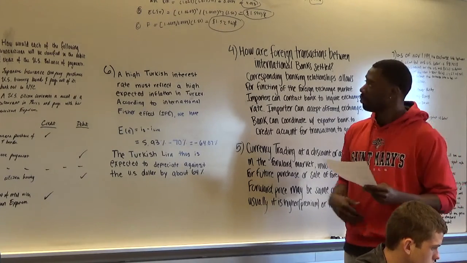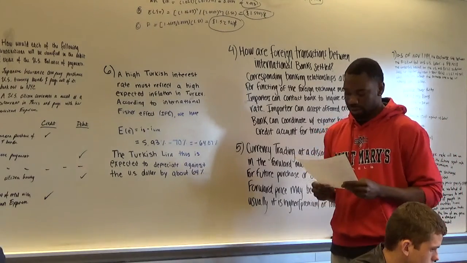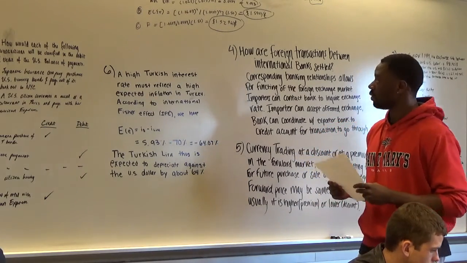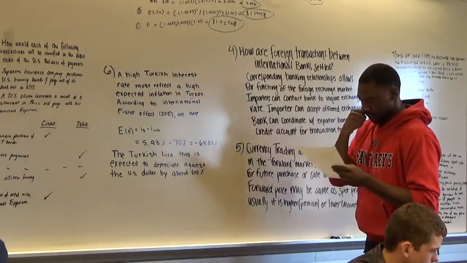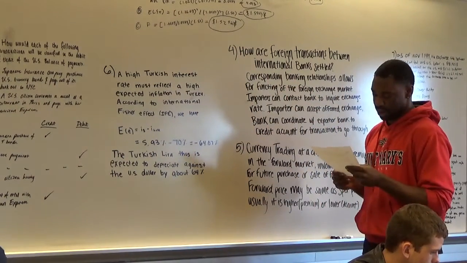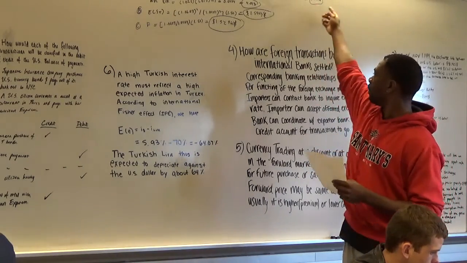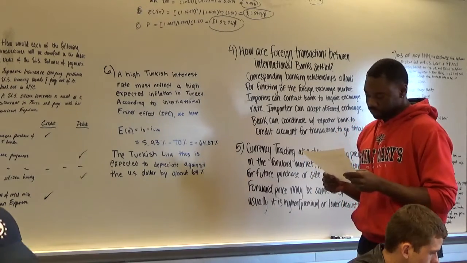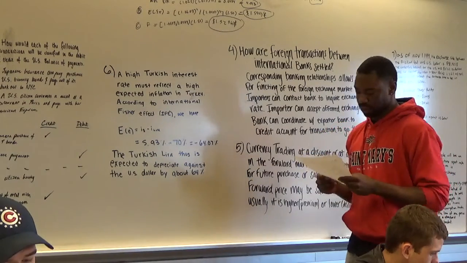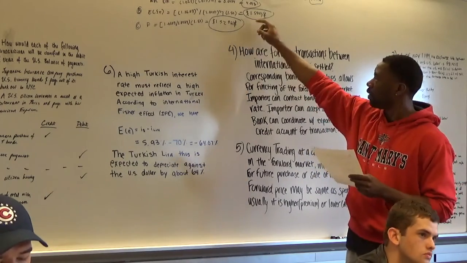And part A was compute the nominal interest rate for both the U.S. and the U.K. The formula right there: 1 plus the interest rate times 1 plus the inflation rate minus 1. We do that for both U.S. and U.K. Part B was what is the future expected dollar rate for the exchange rate 3 years from now.